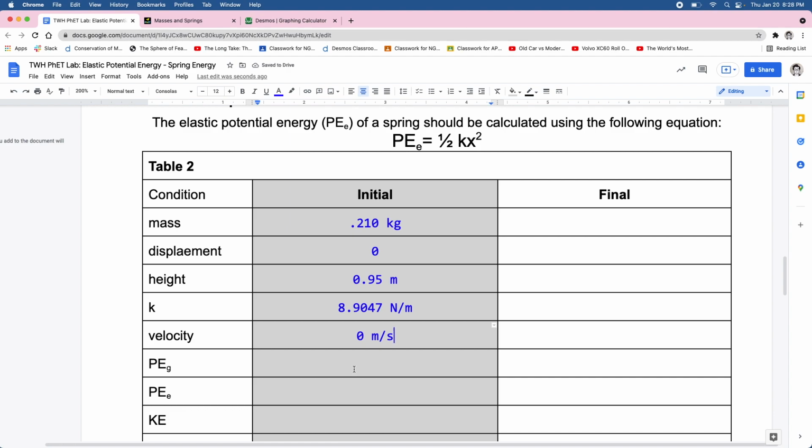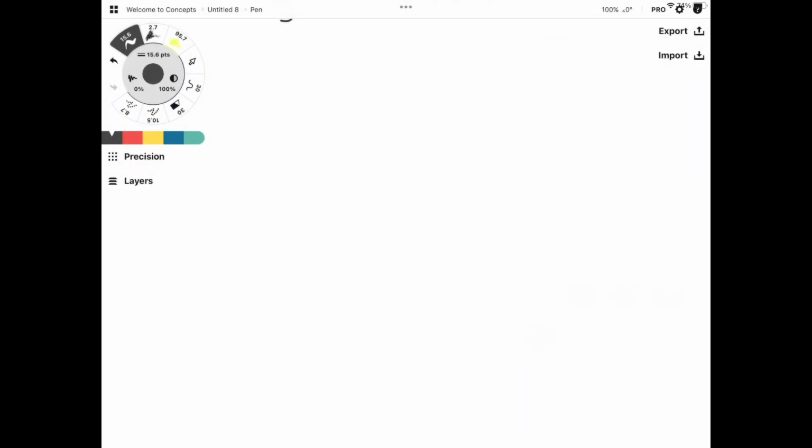So now what I'm going to do is switch over to the iPad, and I am going to calculate the potential energy due to gravity. All right, so my potential energy due to gravity equation is mass times gravity times height.